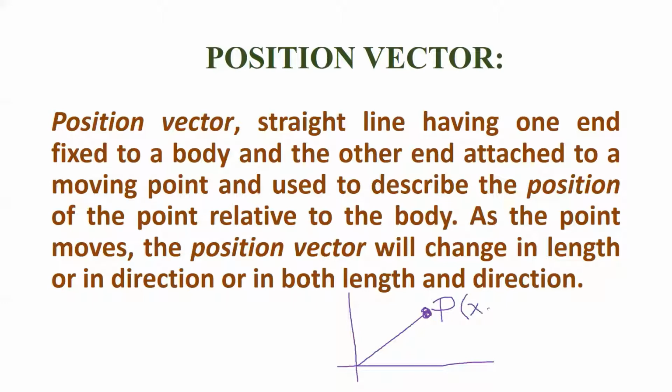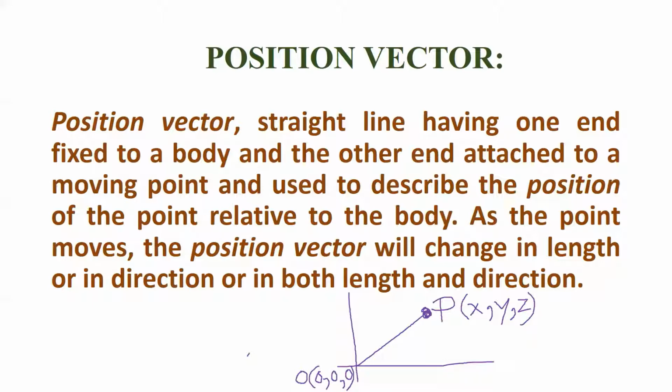But if it is lying on three axes, its coordinates will be x, y and z, and the origin will be 0, 0, 0. This is the way you have already studied in your grade 11 and 12.